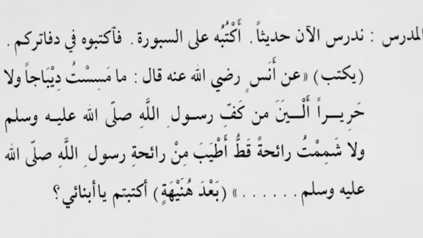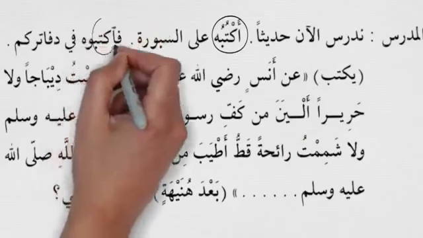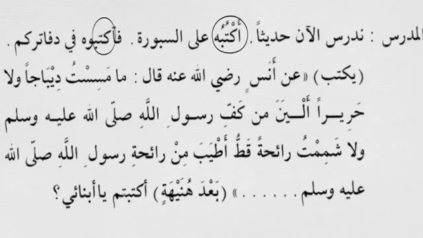So Al-Mudarris now says, Nadrusul an hadithan. So we're going to read a hadith, we are going to learn a hadith. So aktubuhu ala saburati. So I'm writing it on the blackboard. So faktubuha. So here aktubu is a fa'il mudari marfu'un bi damma. Fa is your ataf.